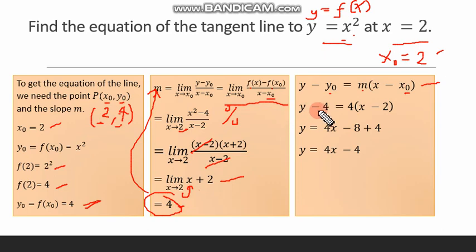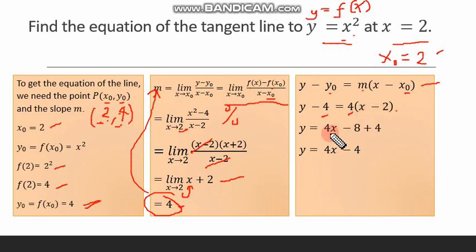So y minus 4 equals 4 times the quantity of x minus 2.